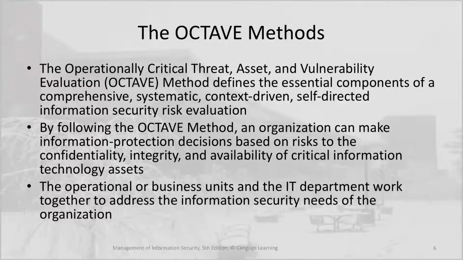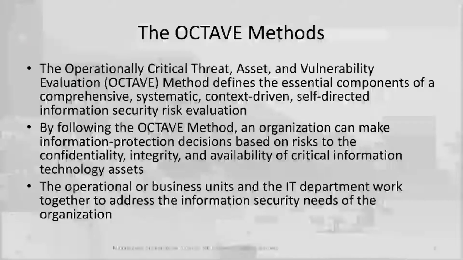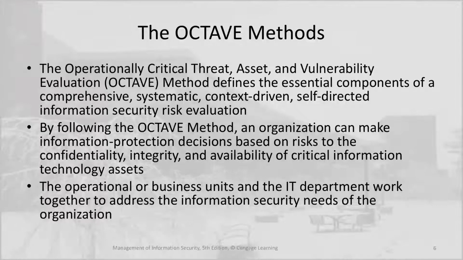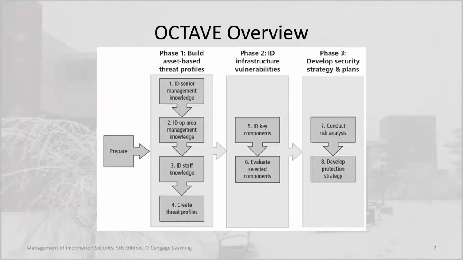By following the OCTAVE method, an organization can make information protection decisions based on risks to the confidentiality, integrity, and availability of critical information technology assets. The operational or business units and the IT department work together to address the information security needs of the organization. This slide provides an overview of the OCTAVE method.